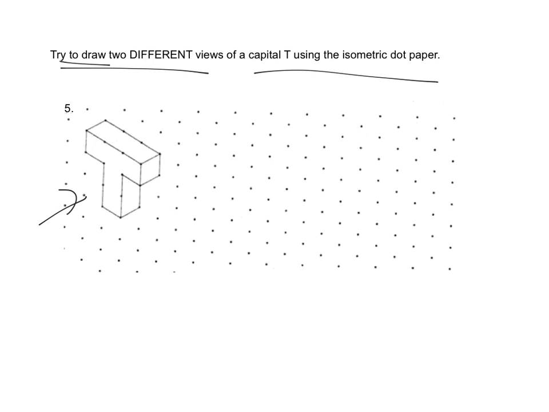So if I looked at it from maybe this way, maybe I'm going to do a mirror image. So I'm going to go back. So this is like the top. So I'm going to go back one. Then I'm going to go down two.